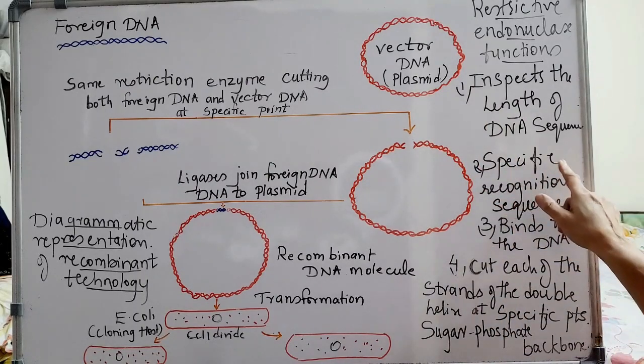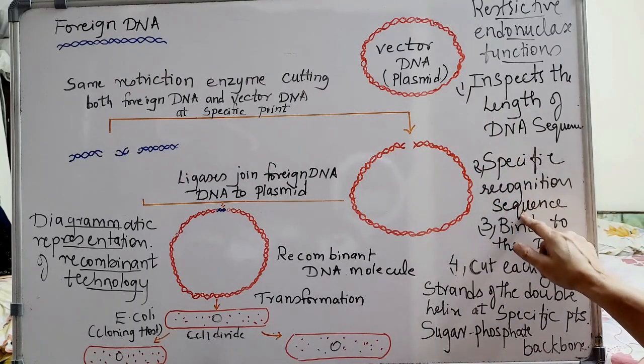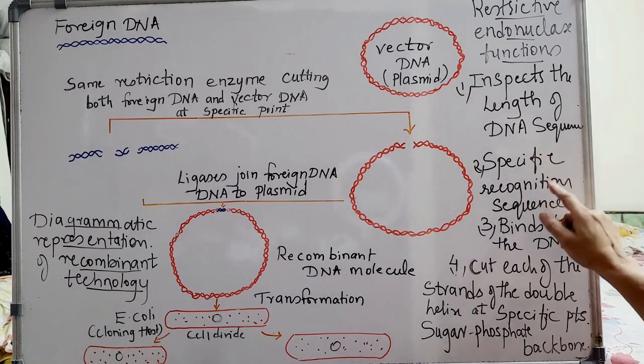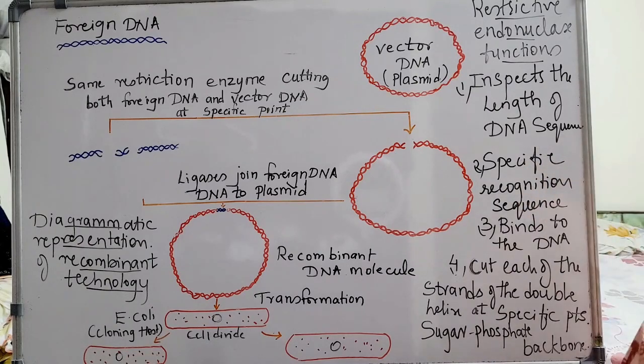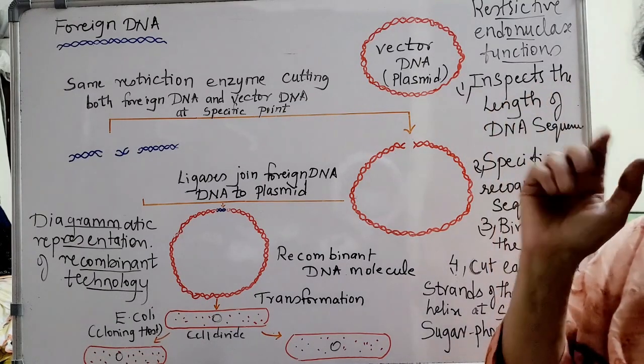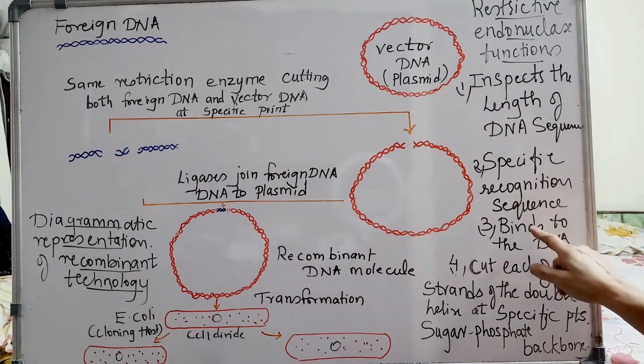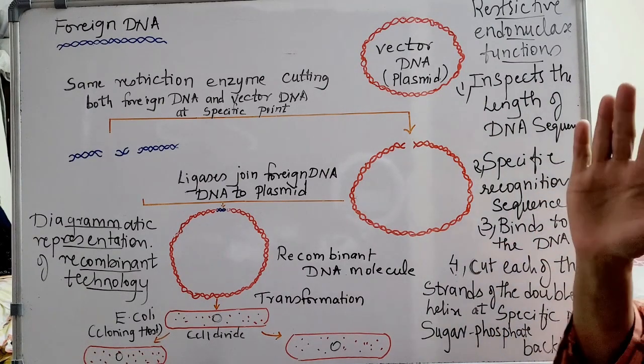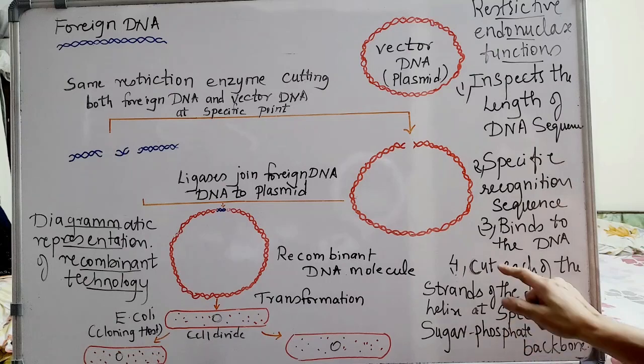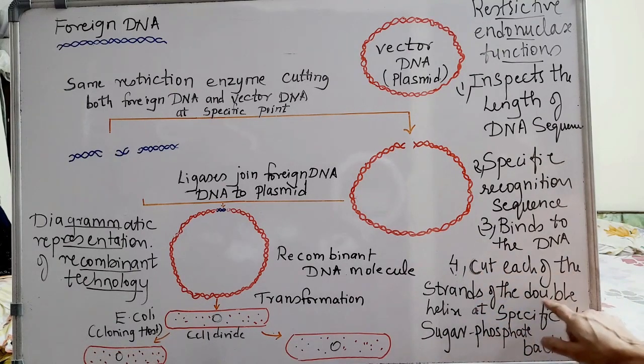So they recognize that specific recognition sequence. Once it has found that sequence, it binds to the DNA. Then it cuts each of the strands of the double helix at specific points.